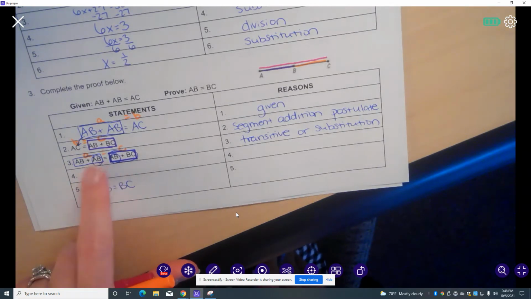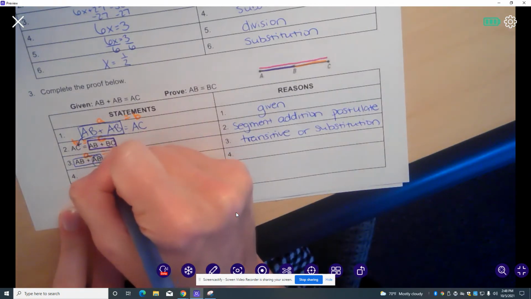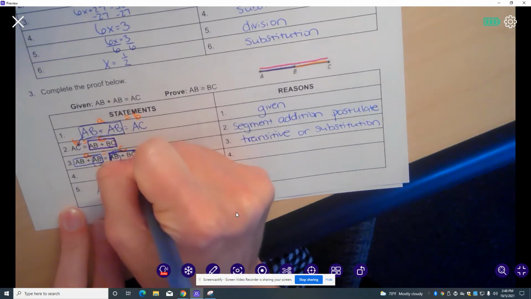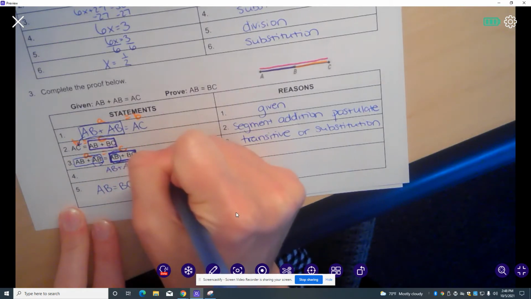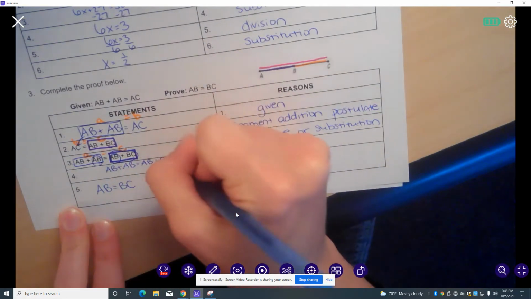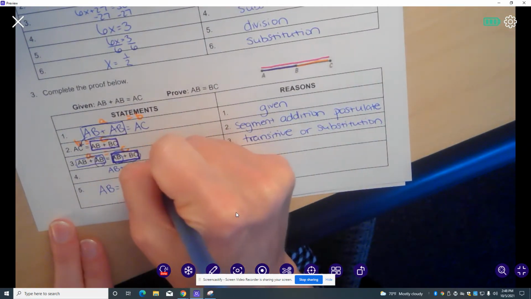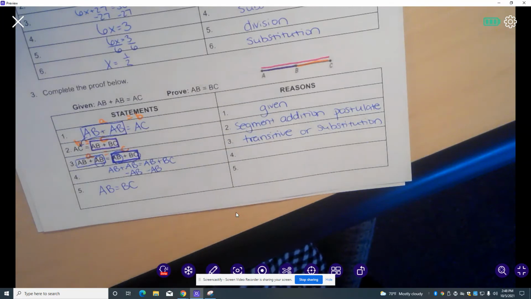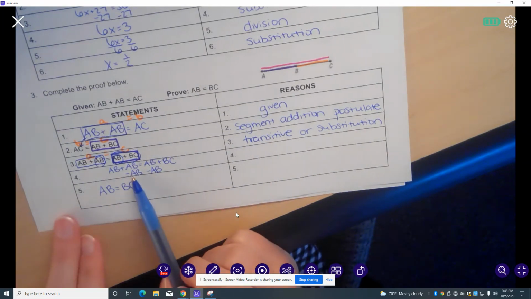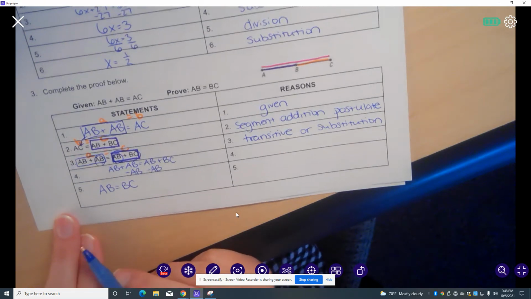When I'm going to do that subtraction, remember we want to rewrite the equation. And now I'm going to show that I'm going to subtract an AB on both sides. I can do that because when I have an equation, I can keep it balanced as long as I subtract the same thing from both sides.